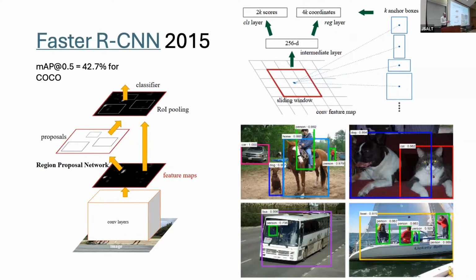In Faster R-CNN, they came up with these anchor boxes. They just said, let's populate the image with some boxes. We will have a constant number of them. Then we will predict for each of these boxes whether something's inside and how we should change the size and positioning of the box.